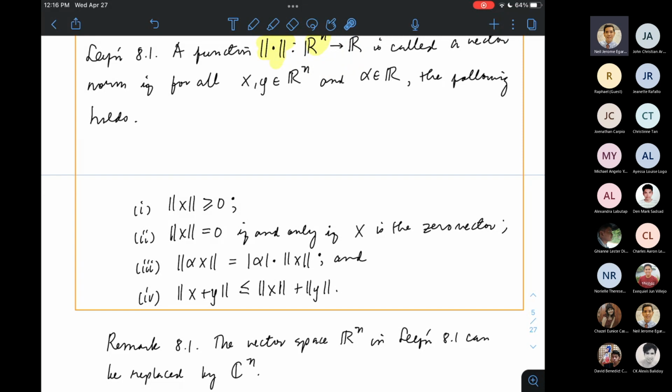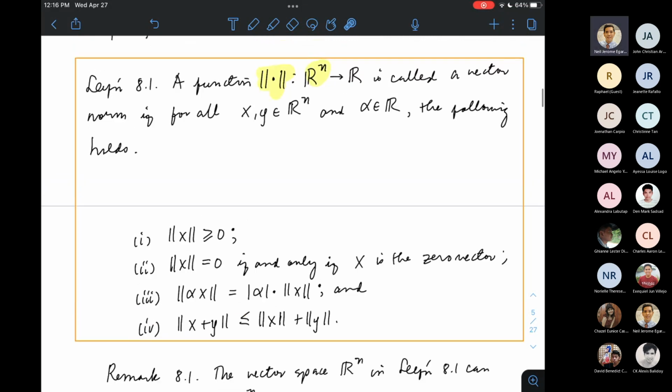And actually, you have seen an example of a vector norm. If n is equal to 1, then you will have a norm defined on the set of real numbers. And the natural norm there is simply the absolute value.